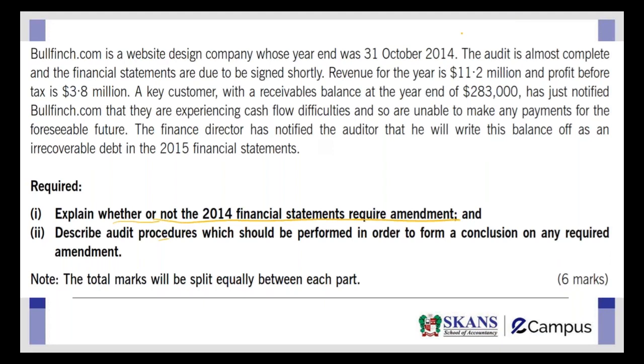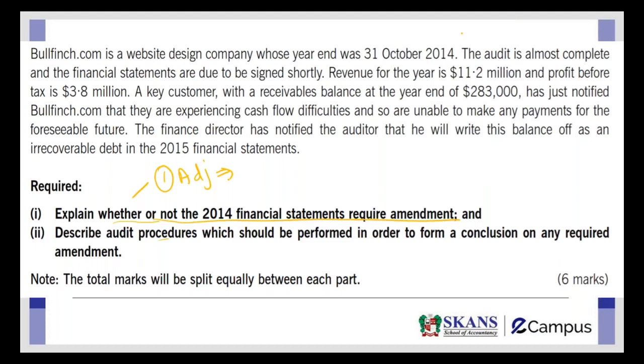This is what you'll have to do for all adjusting events. Number one, you'll have to explain that this is an adjusting event with an explanation that because the financial difficulties had arisen before the year end, we just found out about it later.